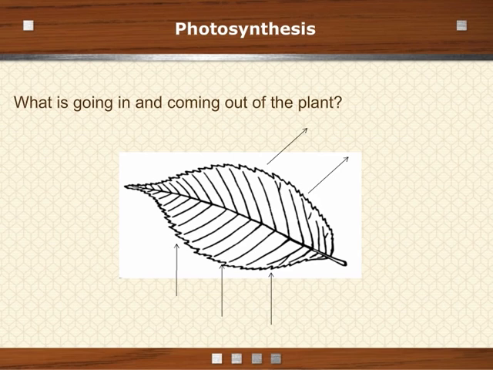These are the three arrows at the bottom. You should label each of these arrows. The first one, CO2. Carbon dioxide is going in. The second arrow, H2O. Water is going in. The third arrow, sun. Sun is going in.